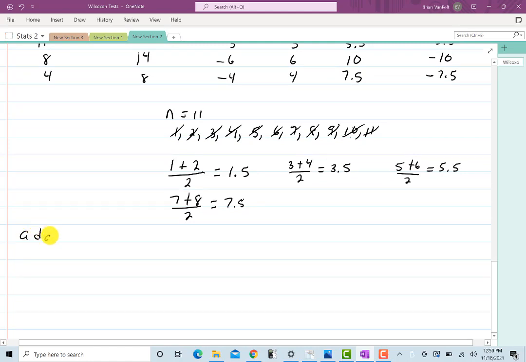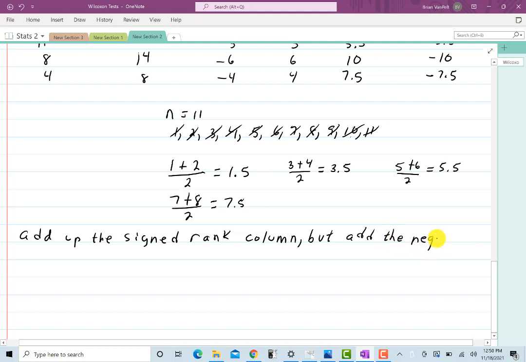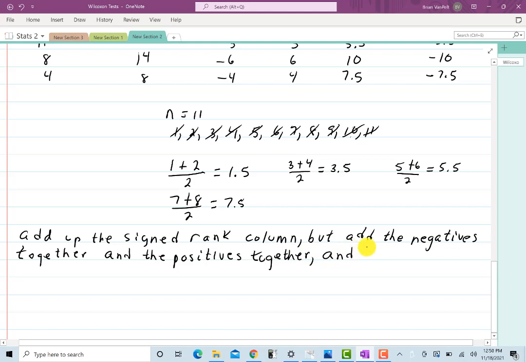So add up the signed rank column, but add the negatives together and the positives together, and then compare their absolute values.